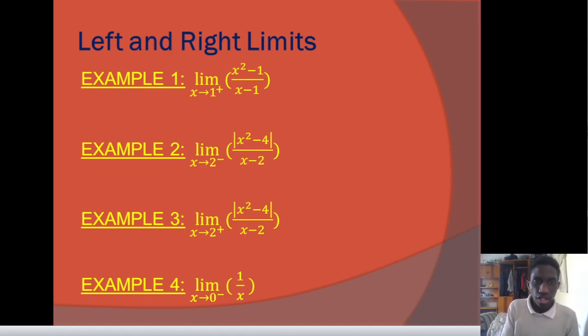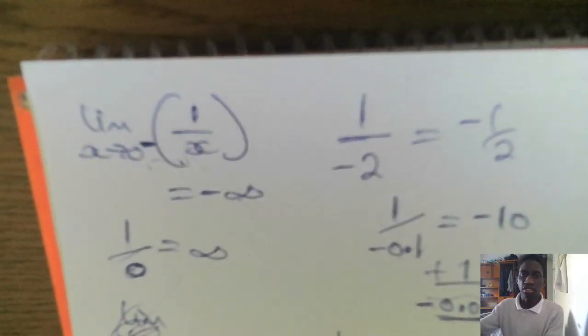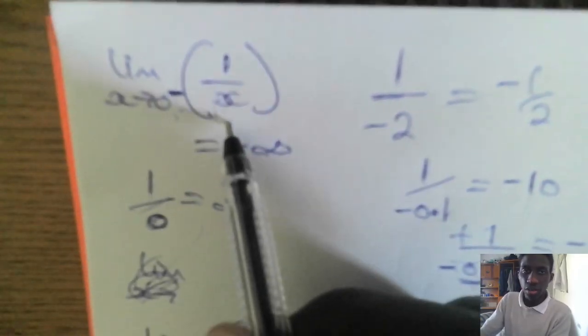So let's get right into that. I've already done this beforehand, so I'm just going to explain the process. So we have this limit: the limit as x approaches 0 from the left of 1 over x.